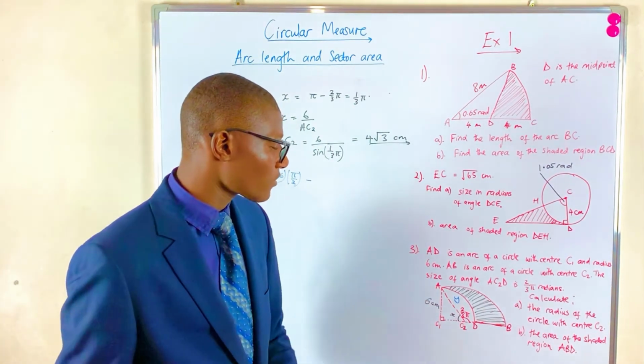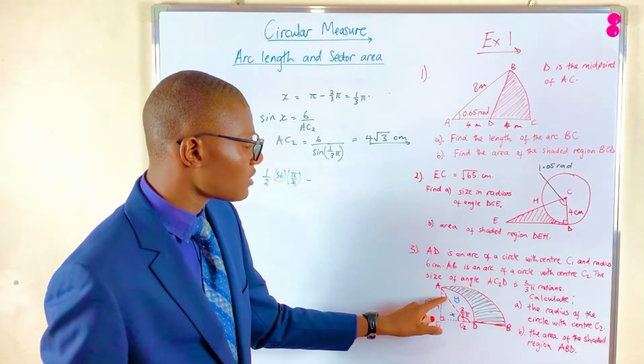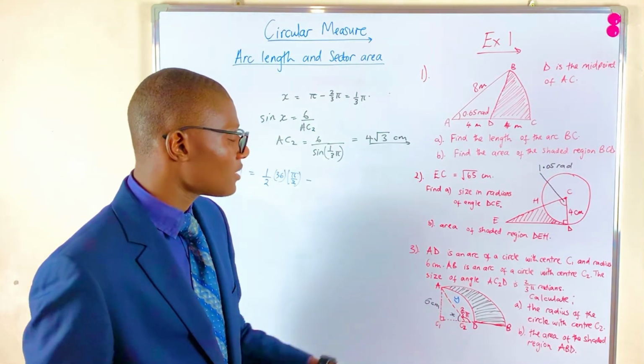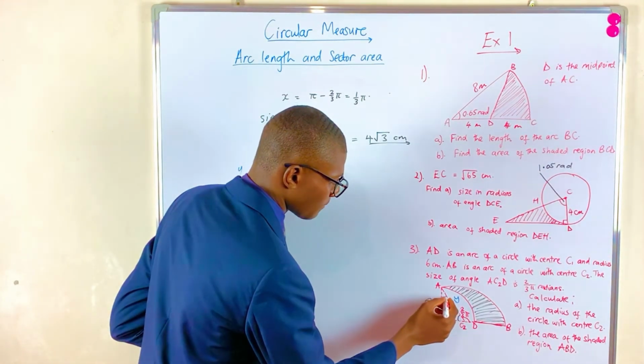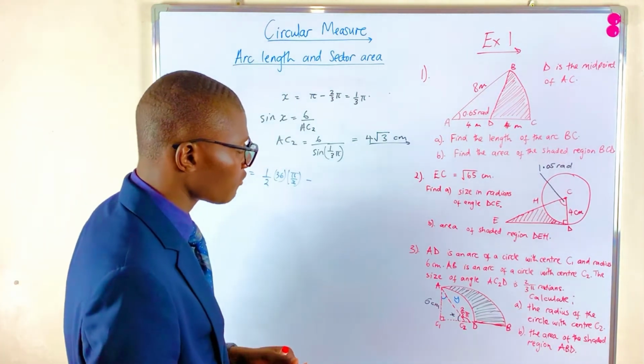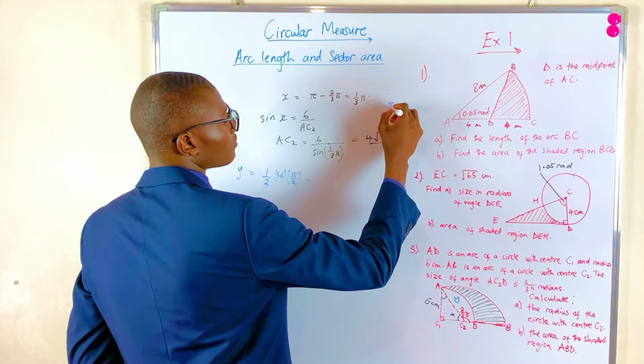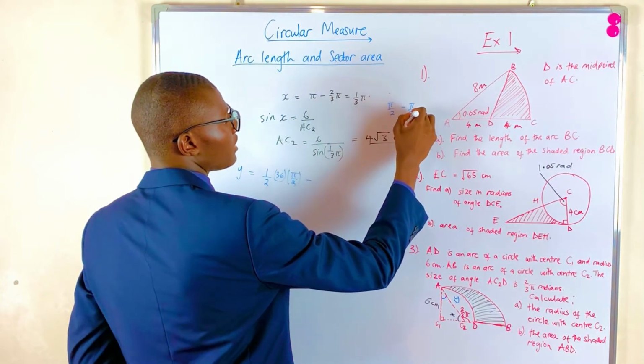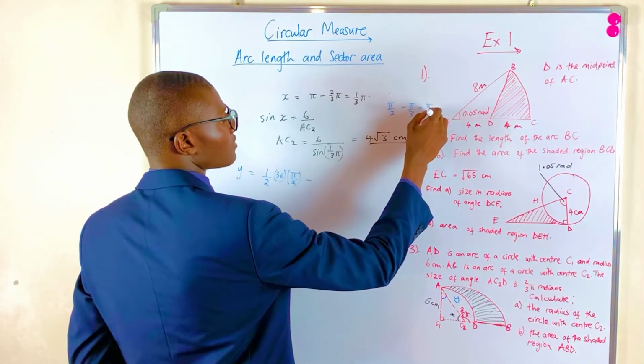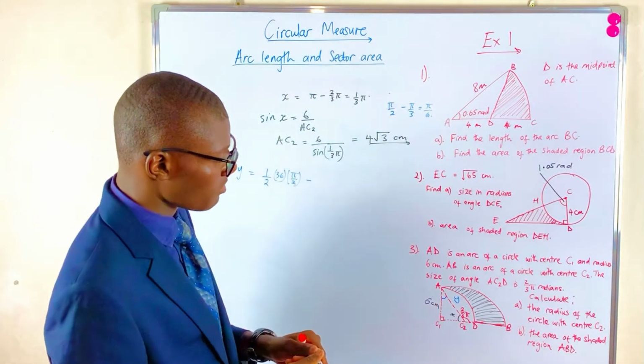AC2, right? And you can calculate this angle, which would be pi over 2 minus x. So we're saying pi over 2 minus pi over 3, and this gives us pi over 6. Right, so this angle is pi over 6.